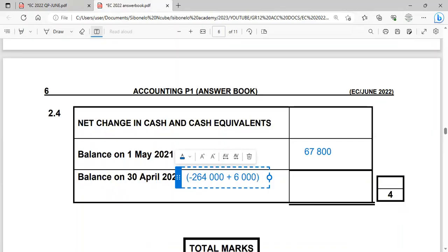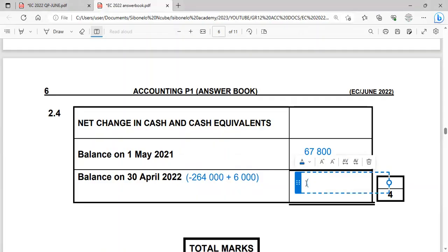So when you punch these two in the calculator, negative 264,000 plus 6,000, this gives us negative 258,000. So we put this in brackets. 258,000. So this is negative.